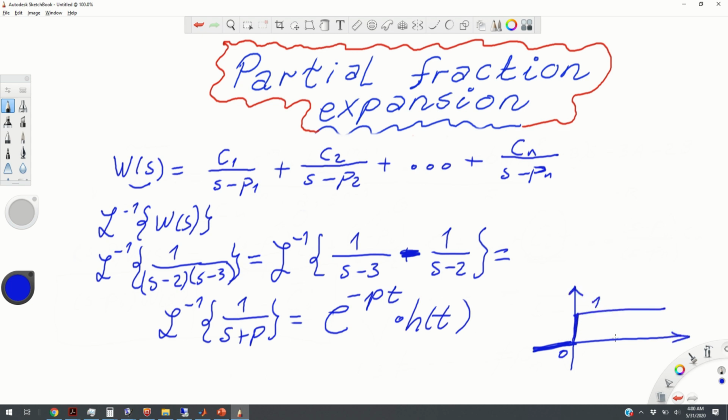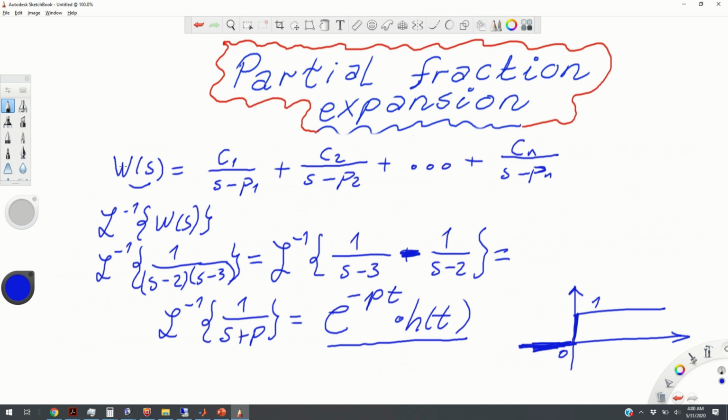It is usually used in control systems to represent step inputs, or in this representation to ensure that everything that happens before 0 is not taken into account.